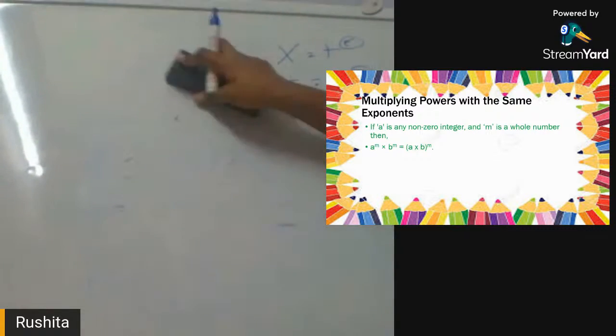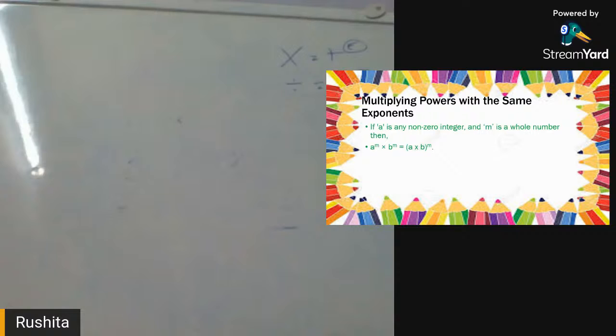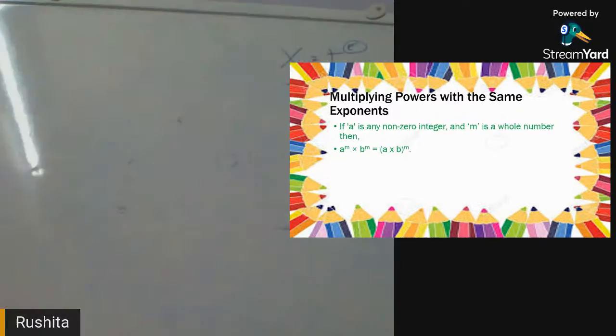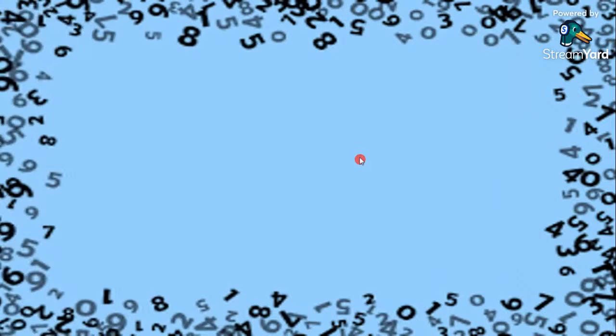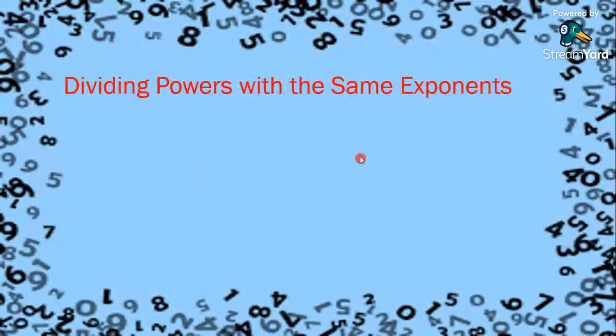I will zoom in the presentation. Now let's go to the next one. The next one is dividing powers with the same exponents. We have multiplied powers with the same exponents, where we multiplied the bases, and now division.